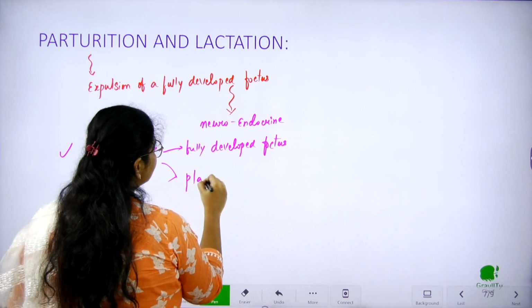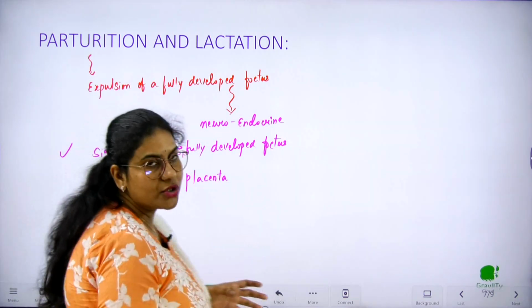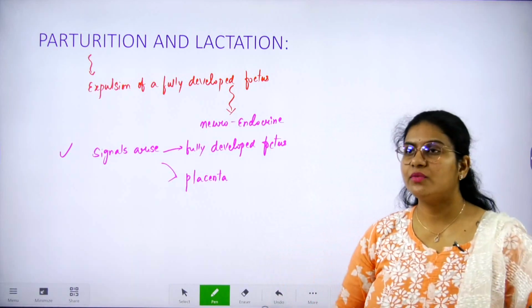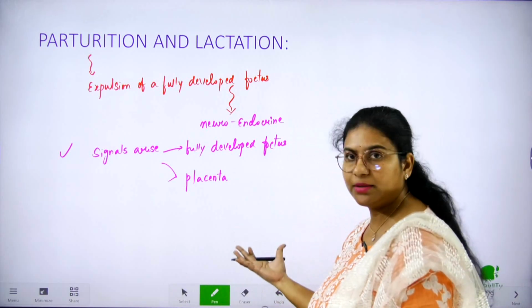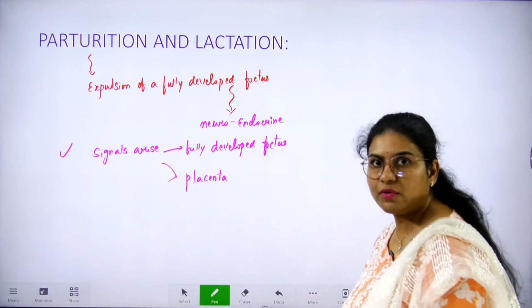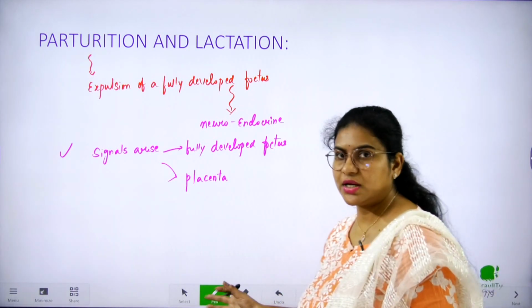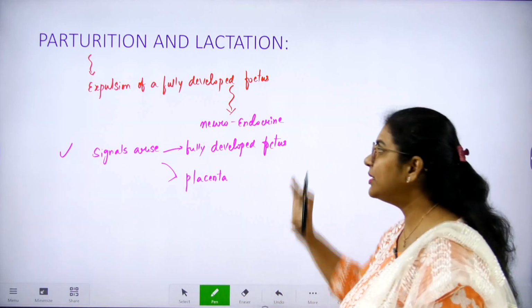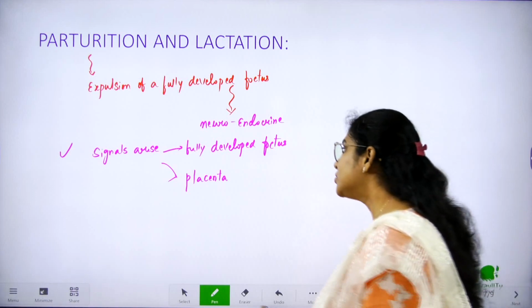The thing is, it is exerting a lot of pressure on the walls of the uterus. The baby is too large and the uterus gets overstretched beyond its limits. The volume will be increased by about 400 times by the end of the ninth month. The myometrial walls of the uterus are overstretched, and they keep sending impulses to the brain: please expel the fetus out of the body. It is fully developed.